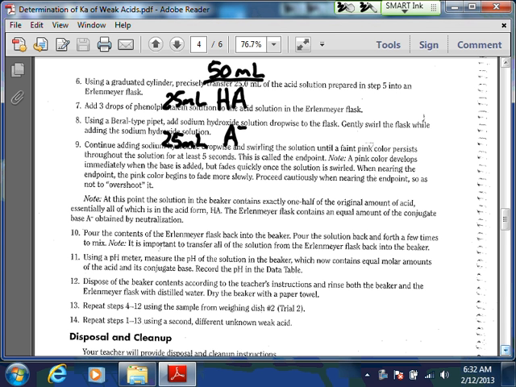Maybe I should make this clear here. You've got your HA, you added sodium hydroxide to it, of which the hydroxide is the only part that we care about. Because sodium hydroxide is a strong base, you're completely converting this HA into H2O plus A minus.